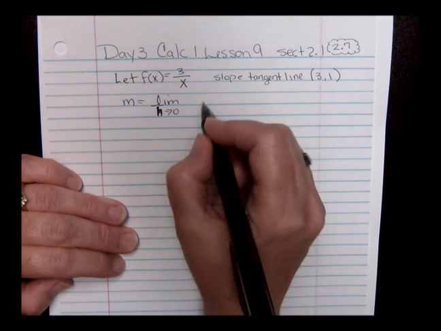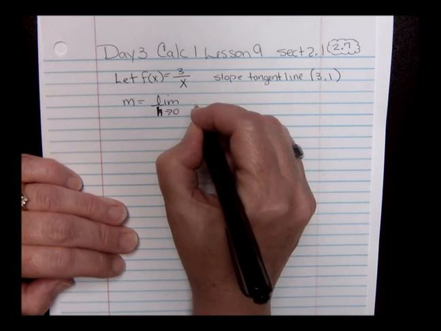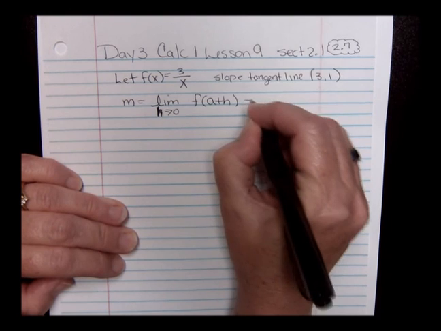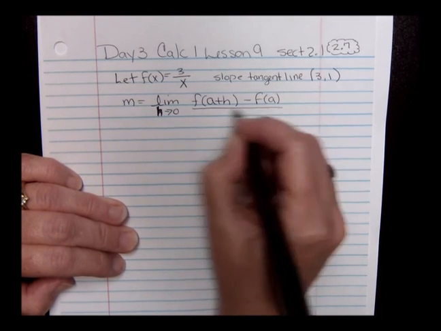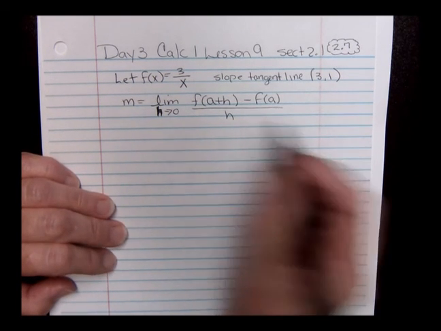Okay, so that's the first part of our formula. As h approaches 0, we have f of a plus h minus f of a all over my h.